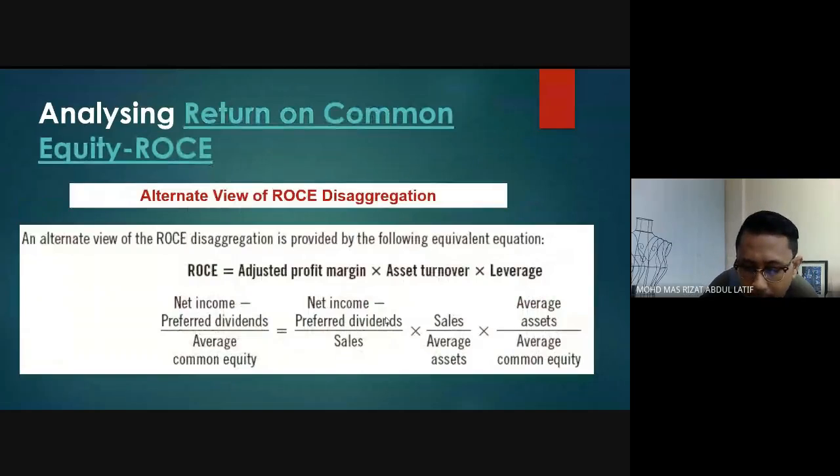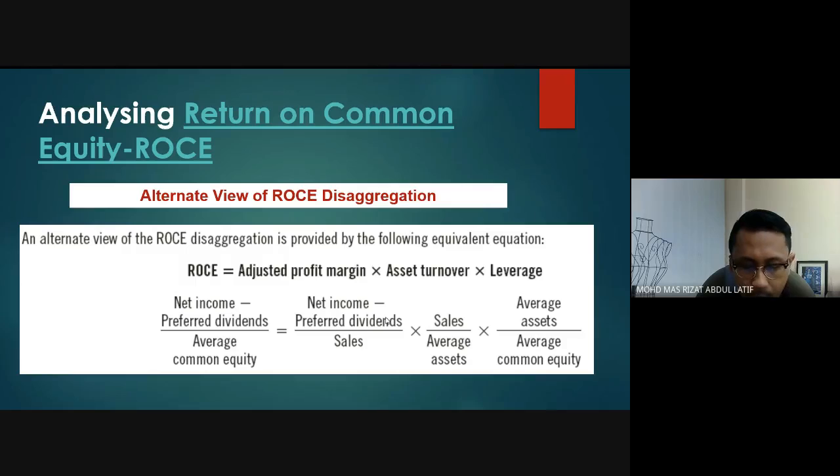Okay, kita pergi kepada bahagian seterusnya, which is analyzing return on common equity. So go to page 478. Okay, now let's go to the paragraph down there, on the respective page. So analyzing return on common equity, ROCE, or simply return on common equity, is of great interest to the shareholders of the company.